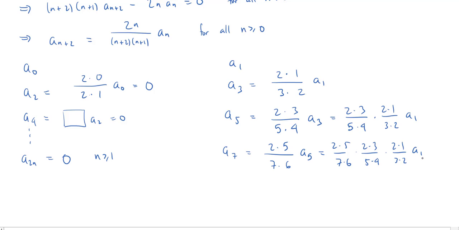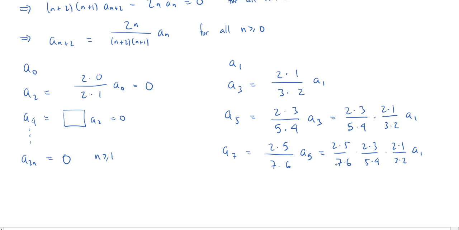And yes, I see the pattern now. In the numerator, you get a bunch of 2's, 1 for each term, and then you're counting up by 2's starting from 1, so 1 times 3 times 5. And on the bottom, you're just getting everything, 2, 3, 4, 5, 6, 7.